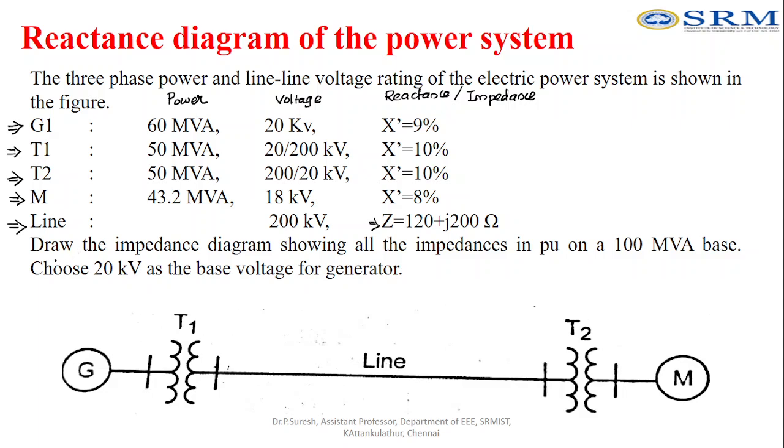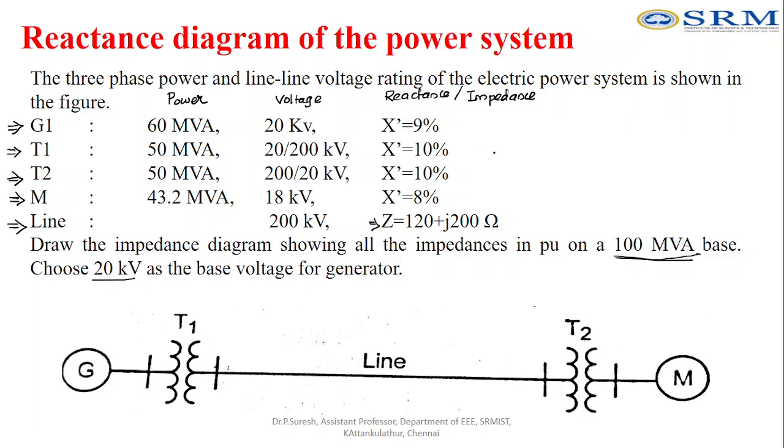So here you are asked to draw the impedance diagram showing all the impedances in per unit, right, on 100 MVA base, and also choose 20 kV as the base voltage for the generator. So normally all the reactances given in the problem, for all the components, were calculated using some other base.